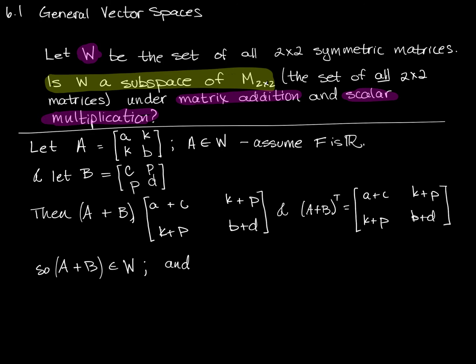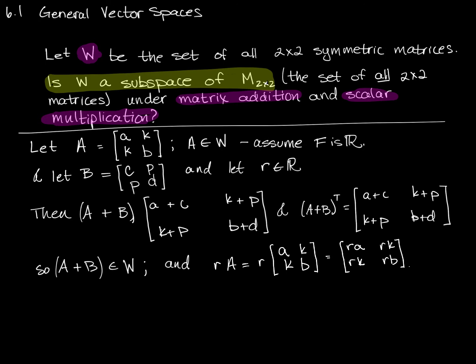All right, so I also need to know, and let r be an element of big R, right? So I'm saying this little r is a real number. It's something in the set of real numbers. Then I can say that r times A is equal to r times the matrix with entries A, K, K, B, which by scalar multiplication gives me rA, rK, rK, rB. Put that in parentheses.